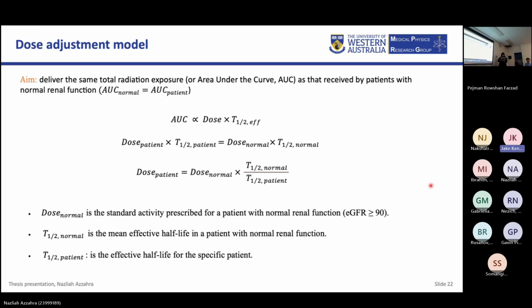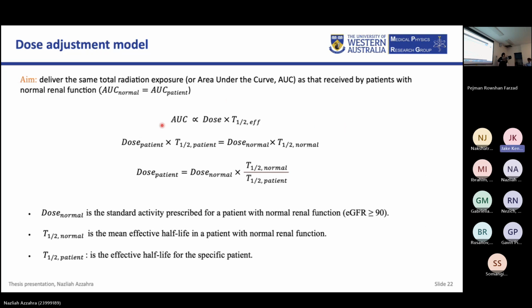Finally, we reached the dose adjustment model. The fundamental goal of this is we want the patient with renal impairment or kidney damage to receive the same total body exposure, which is characterized by area under curve, as a patient with normal renal function.